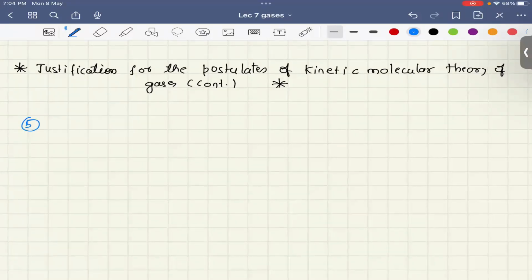The fifth justification is, it is a common observation that a gas expands when the pressure on the gas is released. The expansion of gas means the movement of molecules away from one another, which increases the void between them.